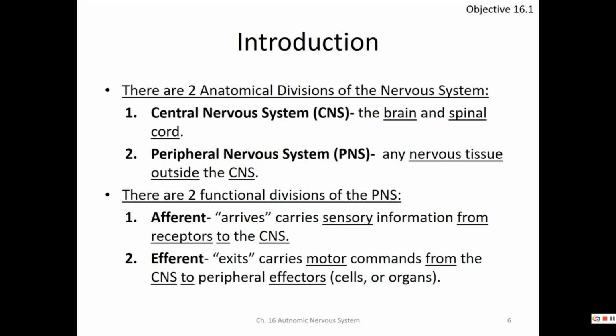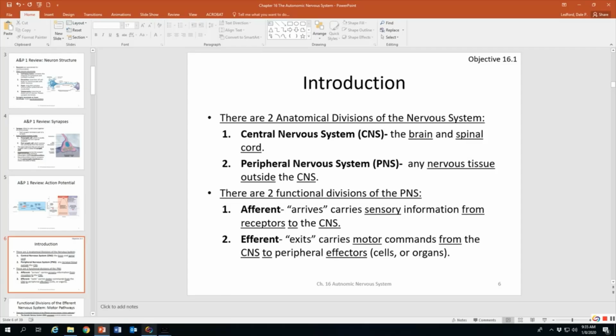Okay, so the afferent is what carries sensory information from any receptors that are out in the body, like in the eyeball, and carries that to the central nervous system for me to be aware of its existence. The efferent division carries motor commands from the CNS out to any peripheral effector.